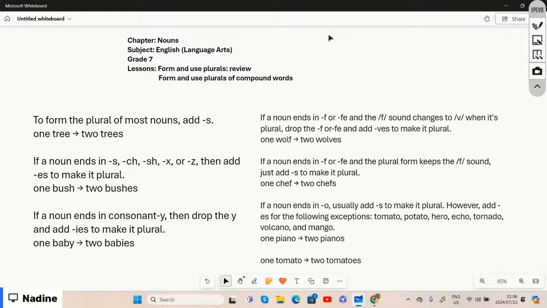And also when it comes to nouns, you have singular nouns and you have plural nouns. So basically a noun is a word that refers to either a person, a place, an animal, a thing, right?